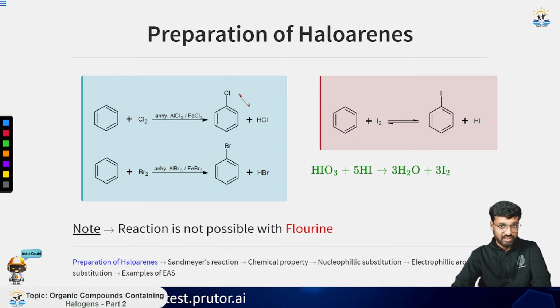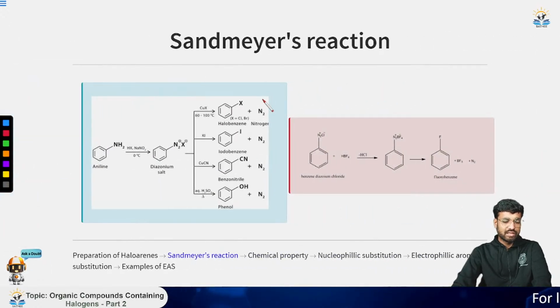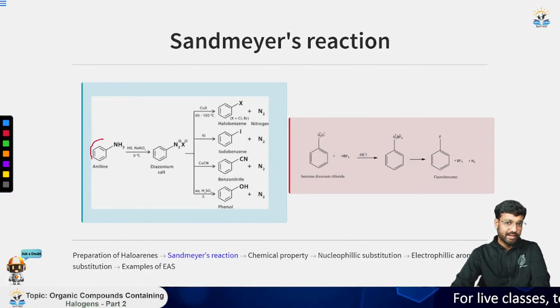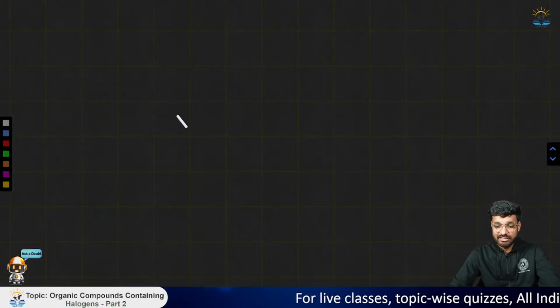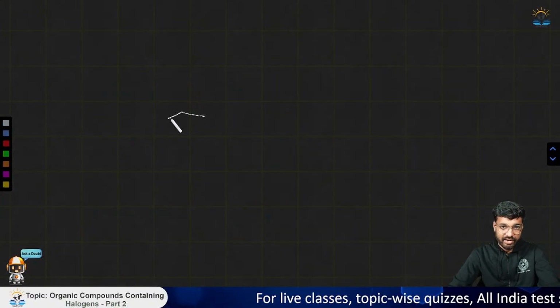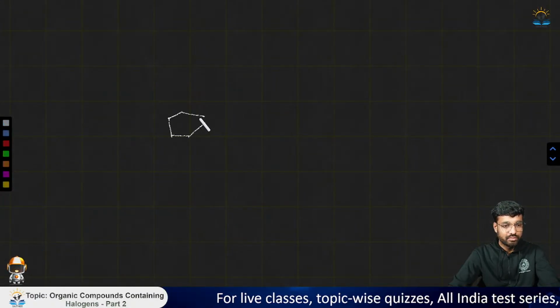Now we will move to the Sandmeyer reaction. What is the initial substrate? That is aniline. If you want to build aniline, you can do it in various ways. We know that we can do the nitration of benzene, which we have seen in hydrocarbons also.